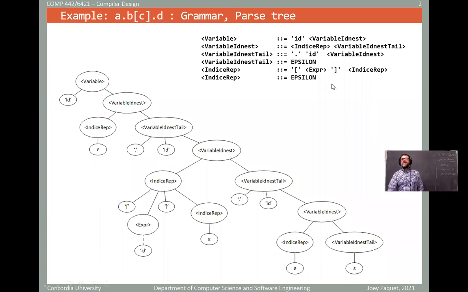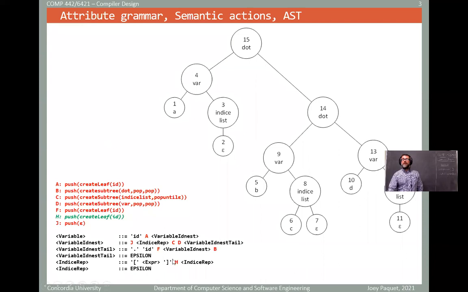In this slide set, there is an LL1 version of the expressions for a grammar that is very similar to what we have in the project right now. These are the rules of the grammar. Essentially what I want you to do is to come up with an attribute grammar by which you are inserting some symbols that represent semantic actions. These semantic actions are there to create the abstract syntax tree.